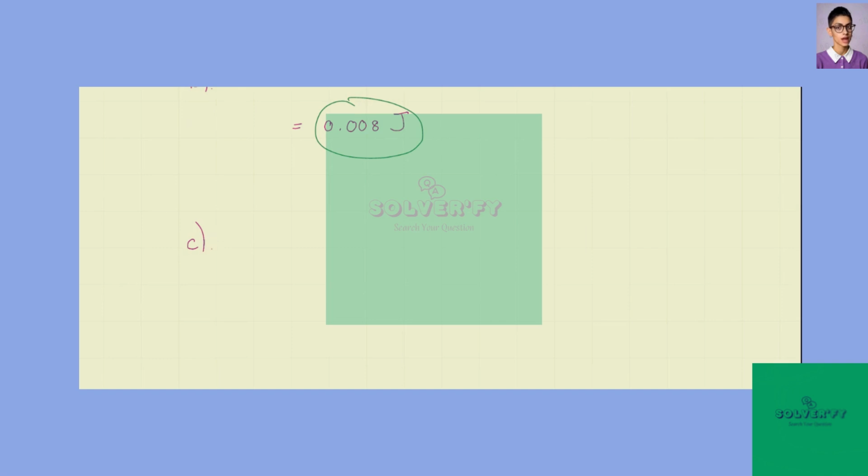Now lastly, we want to find the speed of the mass at this point. Now we can find the speed from the estimated kinetic energy, since we know the kinetic energy K is equal to a half mv squared.